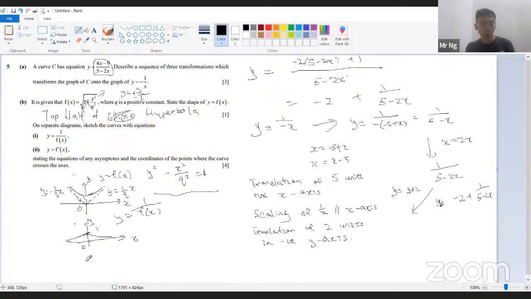Last one, f prime x, which is not f to the power of 1, f prime is the derivative of it. So the derivative of it, over here the gradient is 0. Over here, sorry, the gradient of this starts to get steeper and steeper and steeper. 0, then after that it's negative.